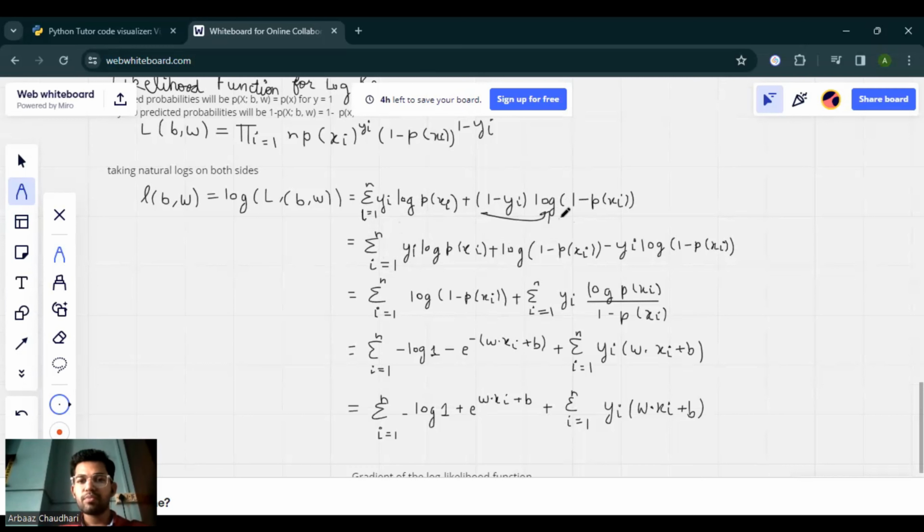So it will become log of 1 minus p of xi, multiplied by this, so minus yi, then this term. Okay, so this line is completed.